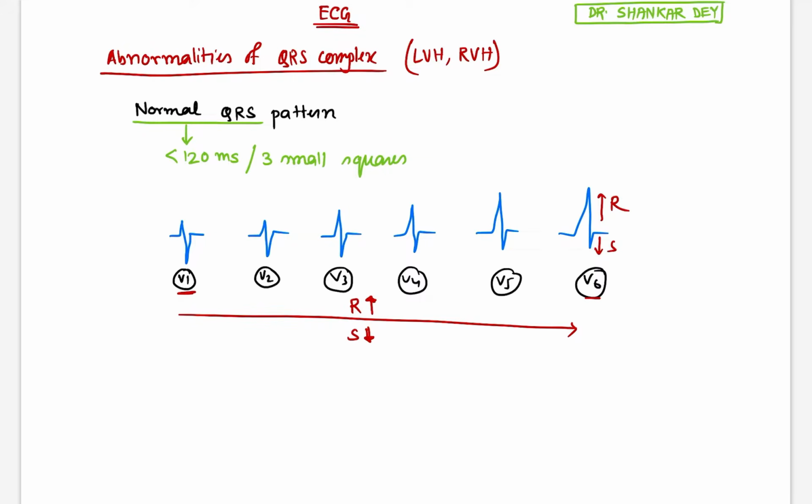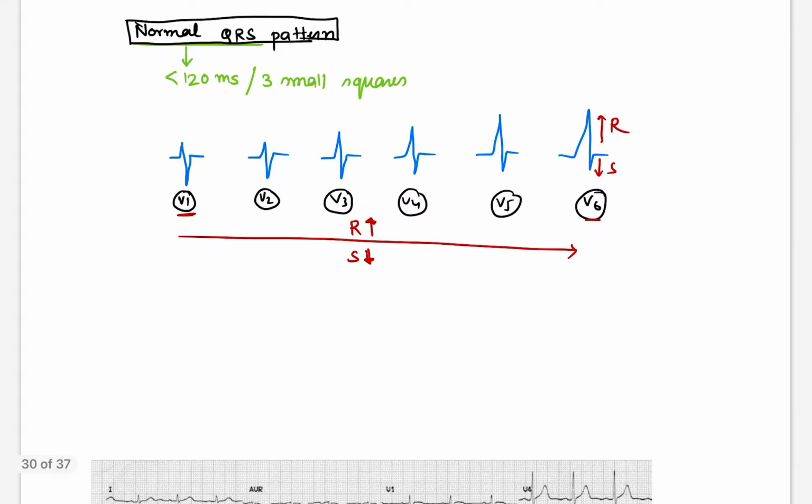As we progress from chest lead V1 to V6, the height of the R wave increases and the height of the S wave decreases. Now we look at the changes in case of ventricular hypertrophy. First of all, left ventricular hypertrophy.